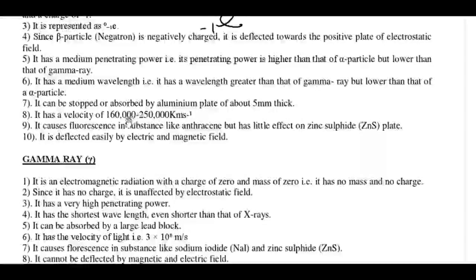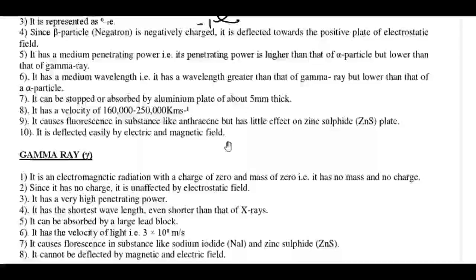And it has a velocity of 160,000 to 250,000 km per second. It causes fluorescence in substance just like alpha particle, but it has little effect on zinc sulfide, and it is deflected easily by electric and magnetic field. So this is what you need to know about beta particle.